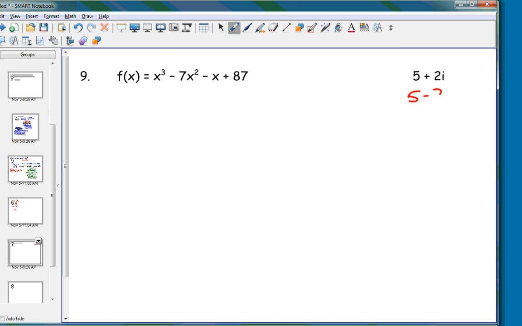Has to be 5 minus 2i, which means I have now found 2 roots, haven't I? Now, because it's the imaginary axis, if I graph that, do I know 100% that's 0? No, because the graphing calculator did not do that. So what you have to do is prove to me that that thing is a 0 by doing what? But how do you prove to me that that thing is a factor or a 0?